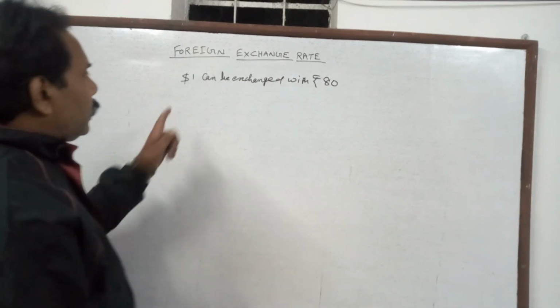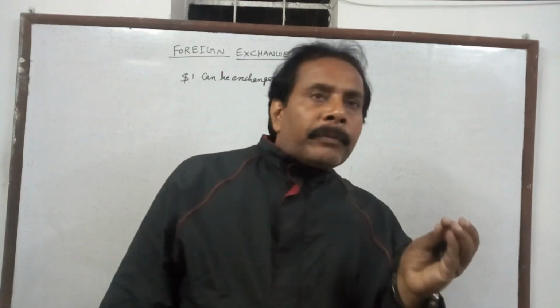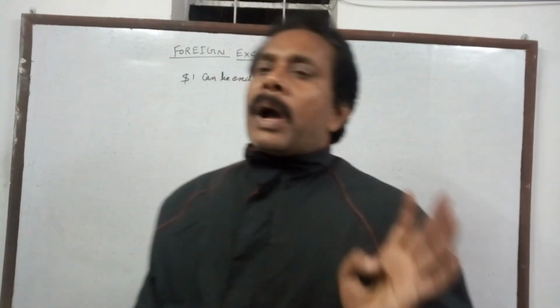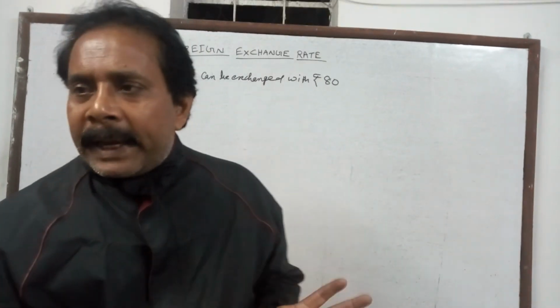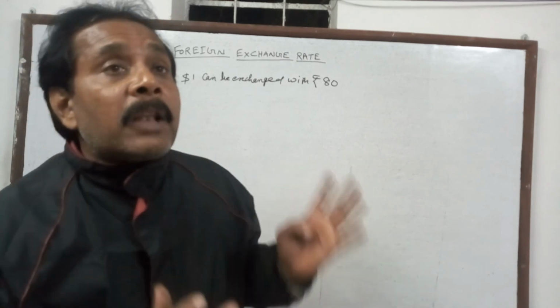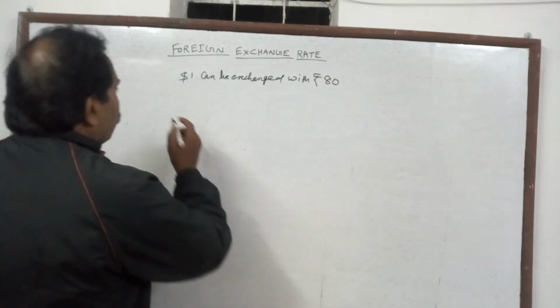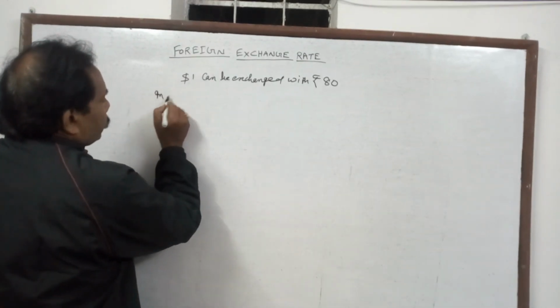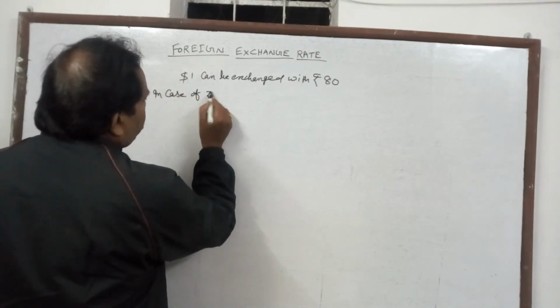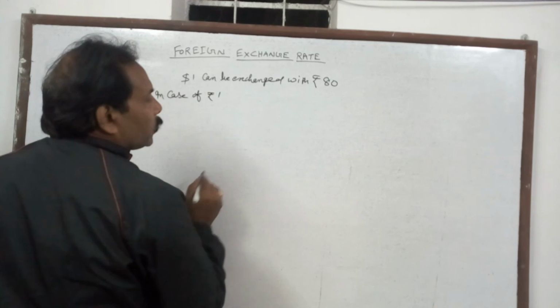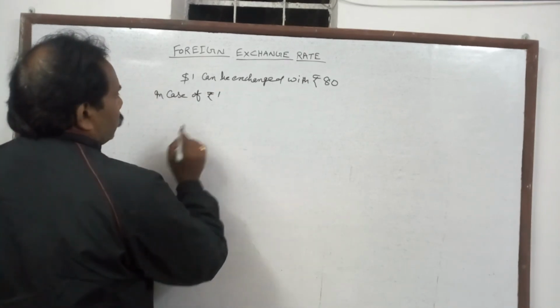Is it clear? So if we take $1, we will have to give how much? Rupees 80. Then what will be the value of rupees 1? So in case of rupees 1, I am going to calculate the value.